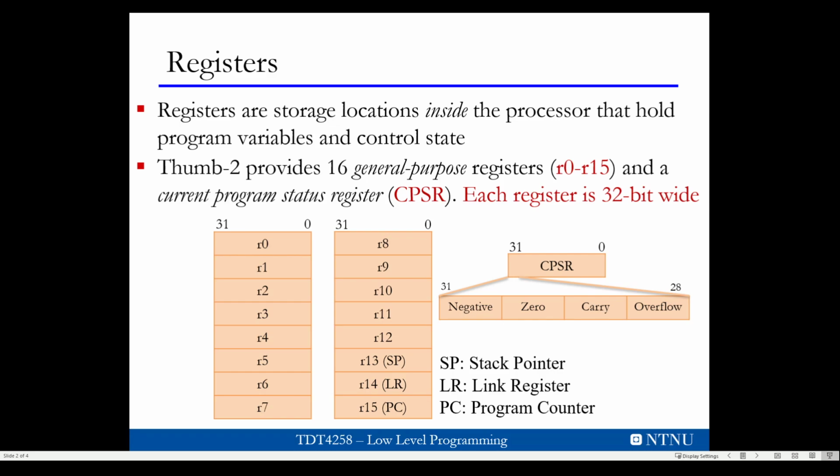Same goes for the other flags. For example, the zero flag tells whether the result of the last computation was 0 or a non-zero number. The carry flag tells whether there was a carry out as a result of the previous computation, and the overflow flag tells whether there was an overflow as a result of the last computation that was done on the processor.